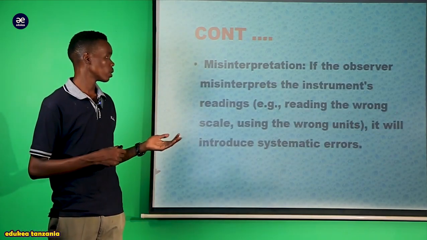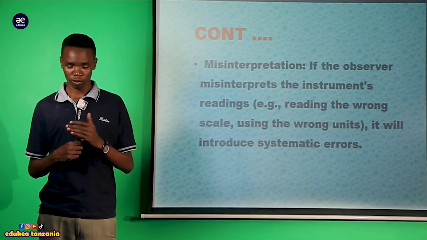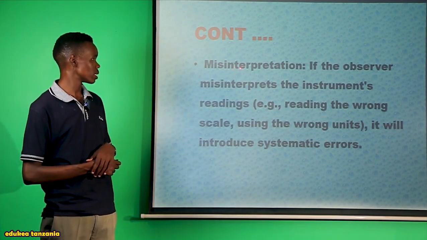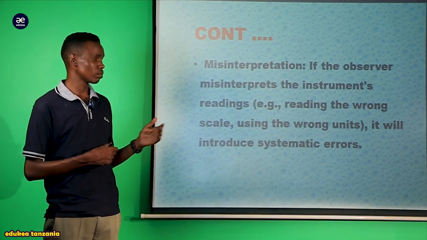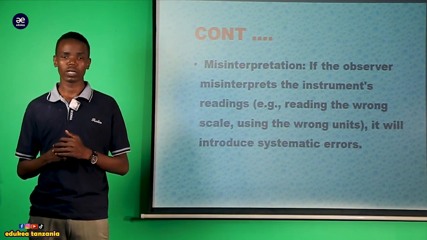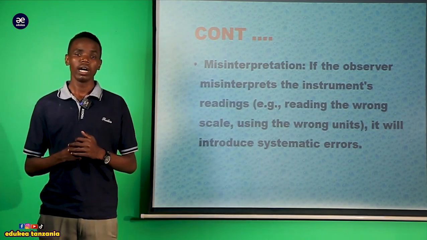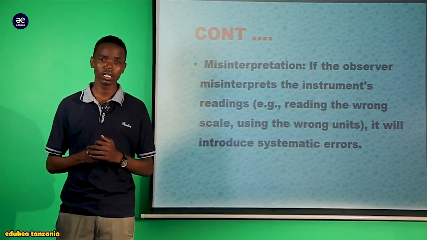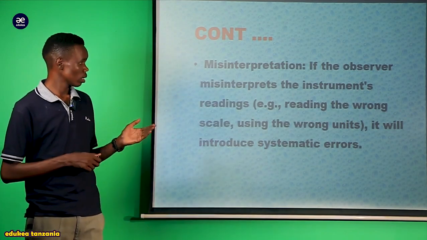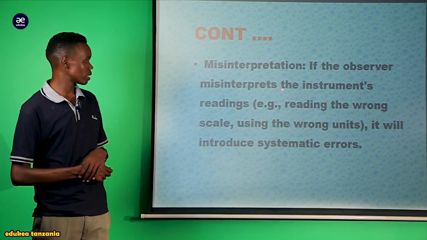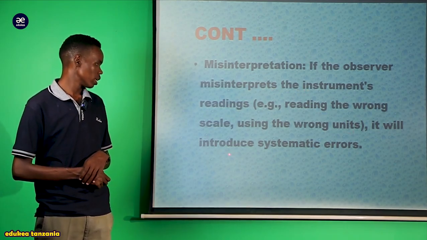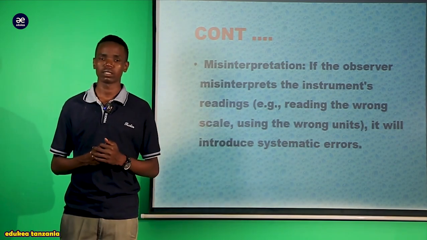So after there, on this interpretation of the data or of an instrument, there is misinterpretation. This is one of the many causes of the systematic error that can occur during the reading or interpretation of an instrument. If the observer misinterprets the instrument readings, for example reading the long scales using the wrong unit, it will introduce systematic errors.